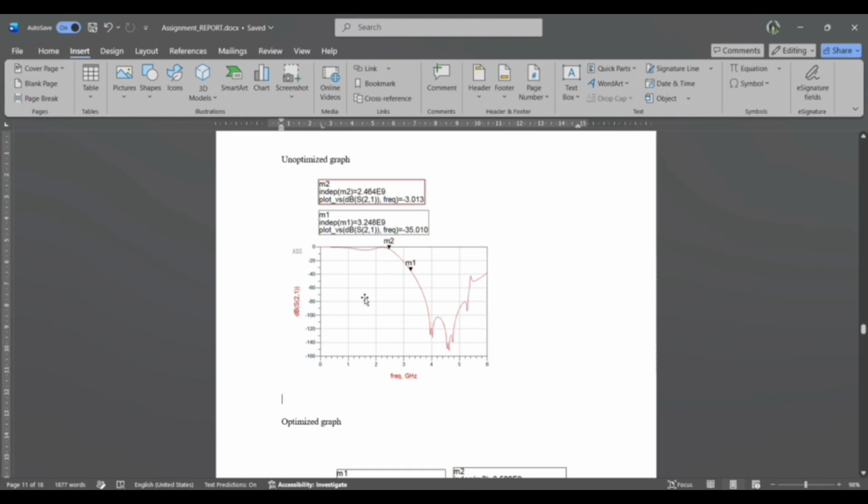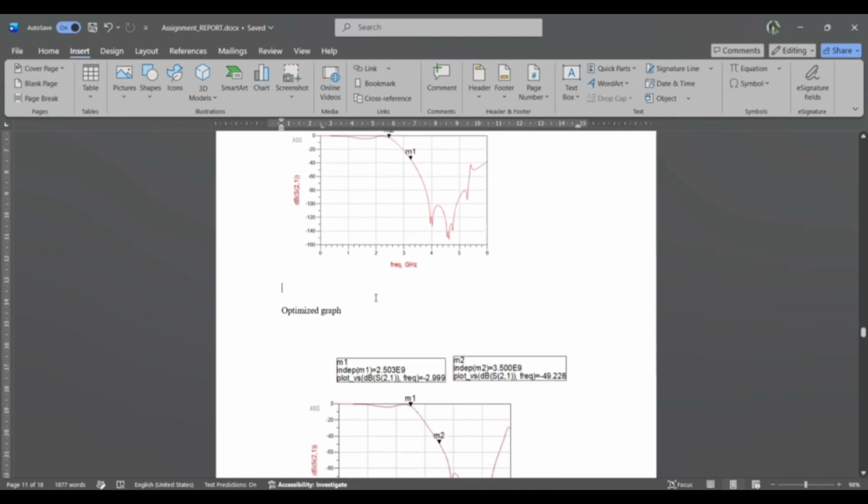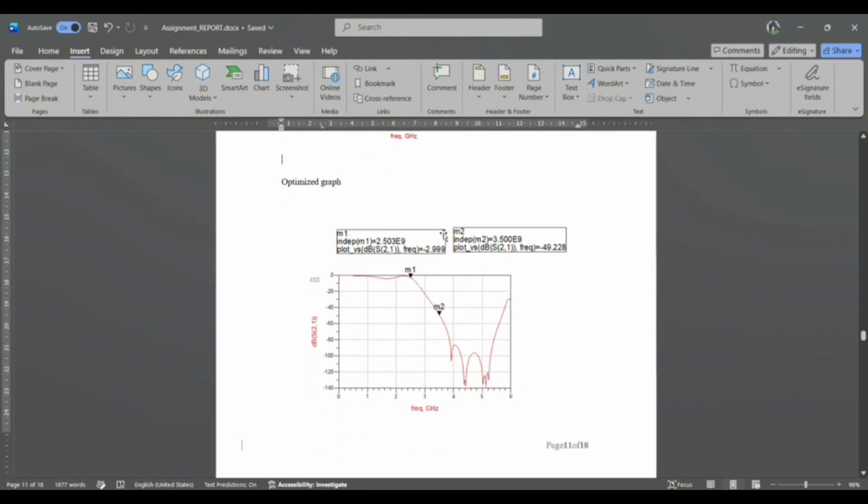After we optimized, we get the actual value: 2.5 gigahertz at negative 3 dB and 3.5 gigahertz at negative 49.